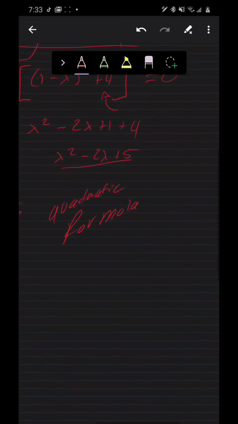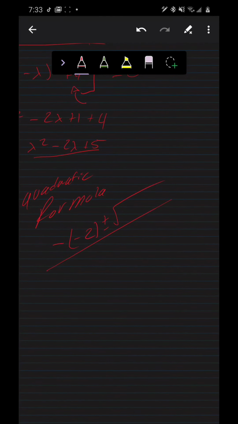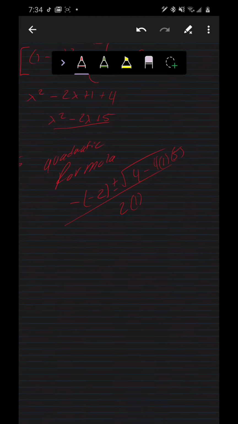So it's going to be negative b, which is negative 2, plus and minus the square root of b squared, which is also 4, minus 4 times a, which is 1, times c, which is 5, and then all divided by 2 times a, which is 1 again.